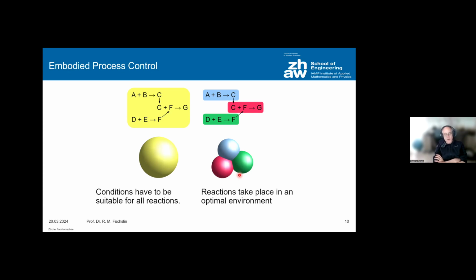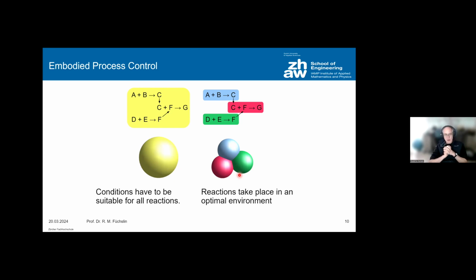Assume that you have just one reaction compartment and you have a complicated reaction network in this one compartment. It's clear that you have to fit reaction conditions or chemical environment conditions which are one-fits-all conditions, probably for the individual branches of this reaction network.